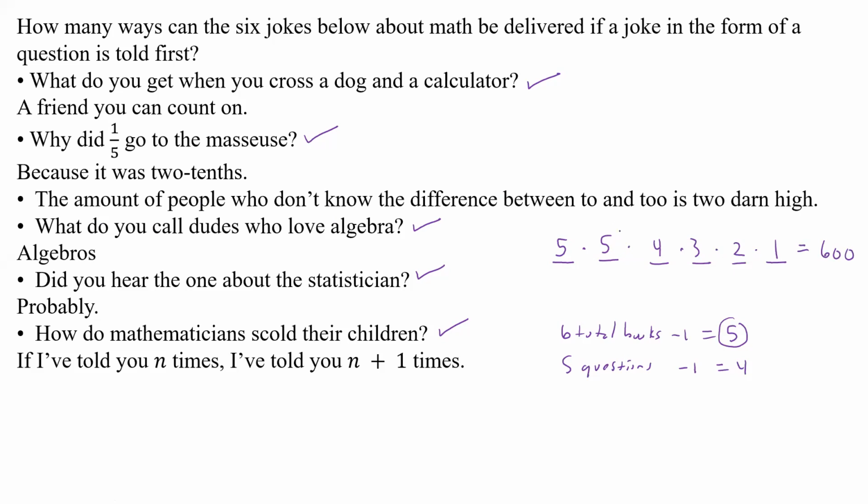That is quite a few ways to deliver those 6 jokes. I guess we're doing jokes, not books, but we're delivering those jokes. So there are 600 ways we can deliver those jokes if the first one has to be a question. All right, let's stop there and we'll come back for some more.